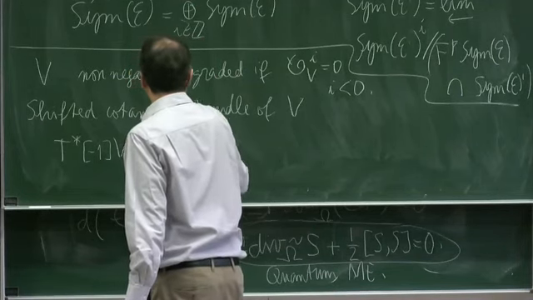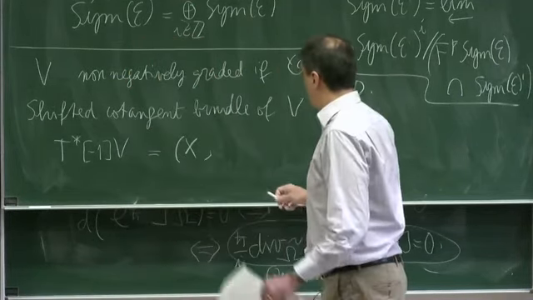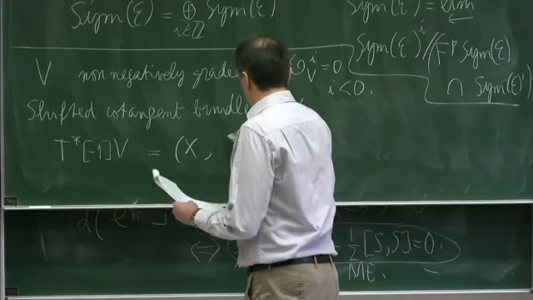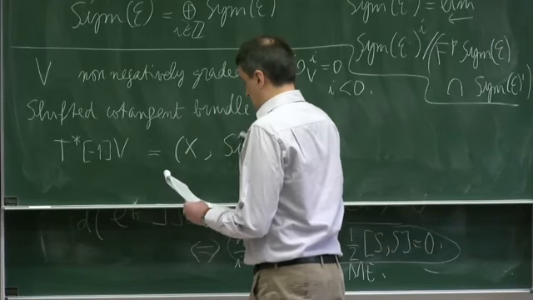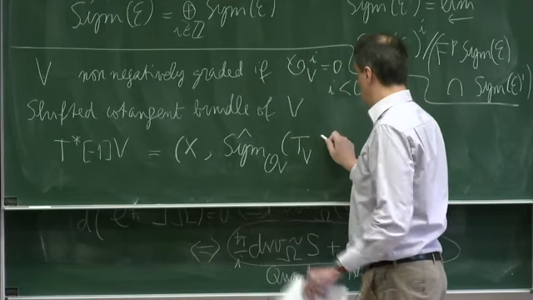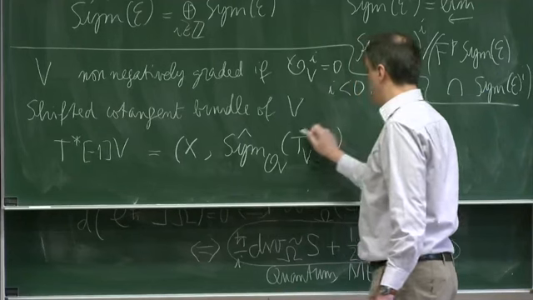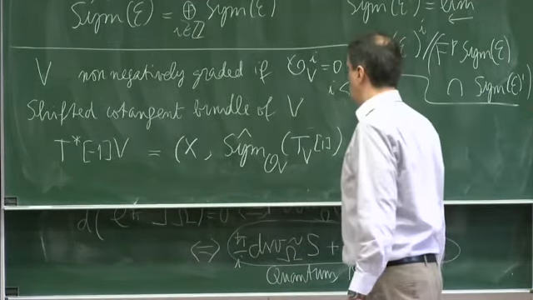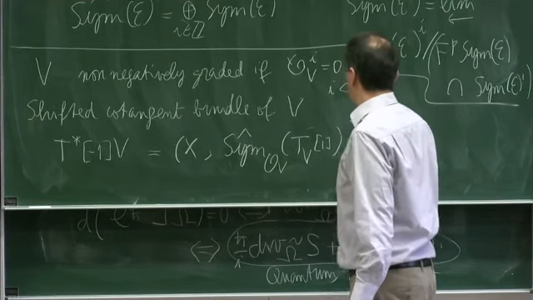It will be X, the support of V, and the completed symmetric algebra of TV shifted by 1. So this will be our shifted cotangent bundle.